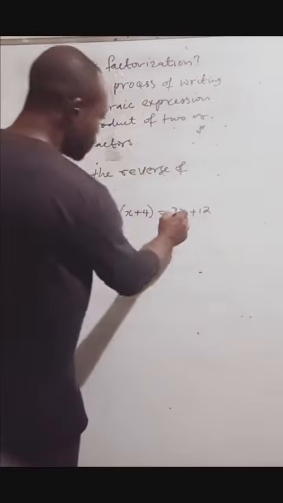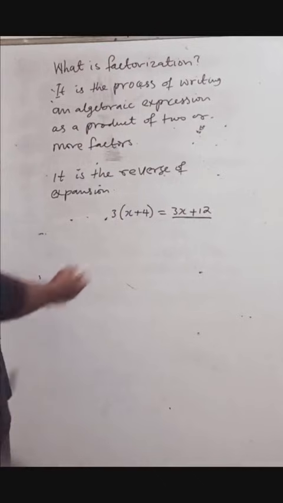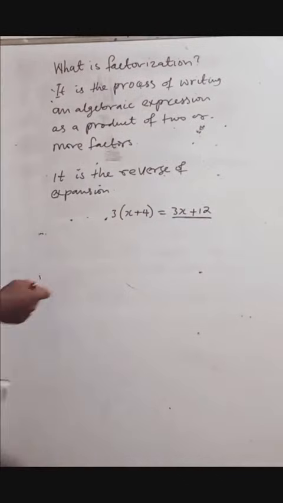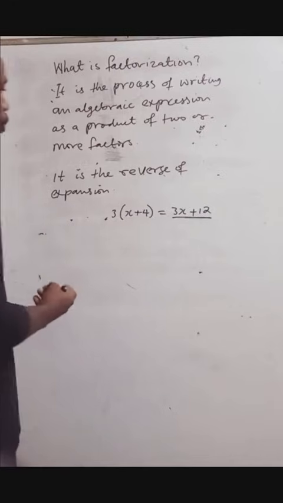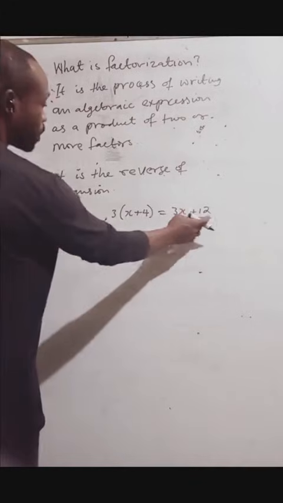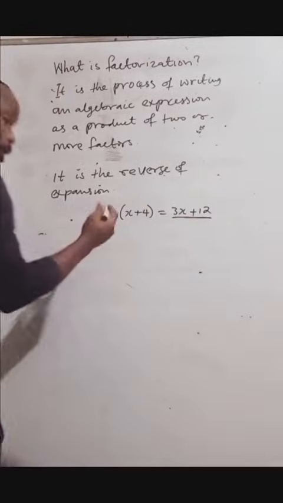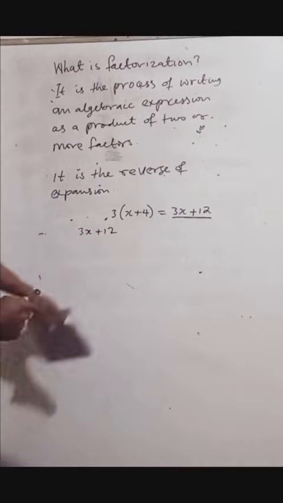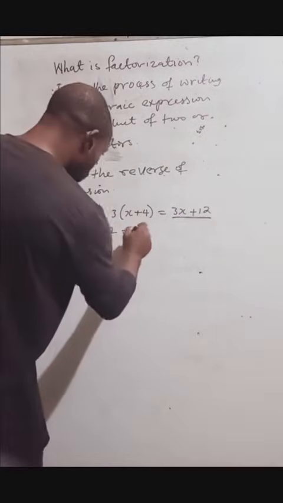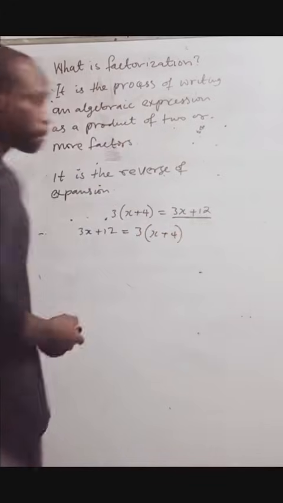If we have this expression originally, let's say 3x plus 12, and you are asked to factorize it, the factorized version of 3x plus 12 is going to be 3x plus 12 is equal to 3 multiplied by x plus 4.